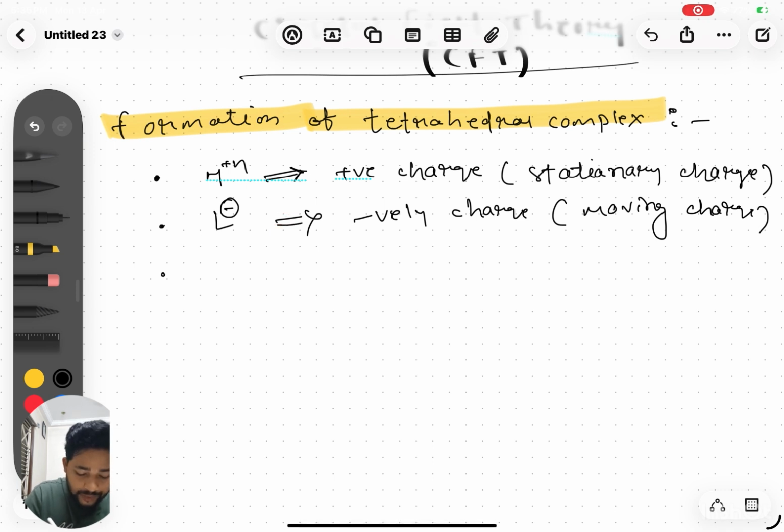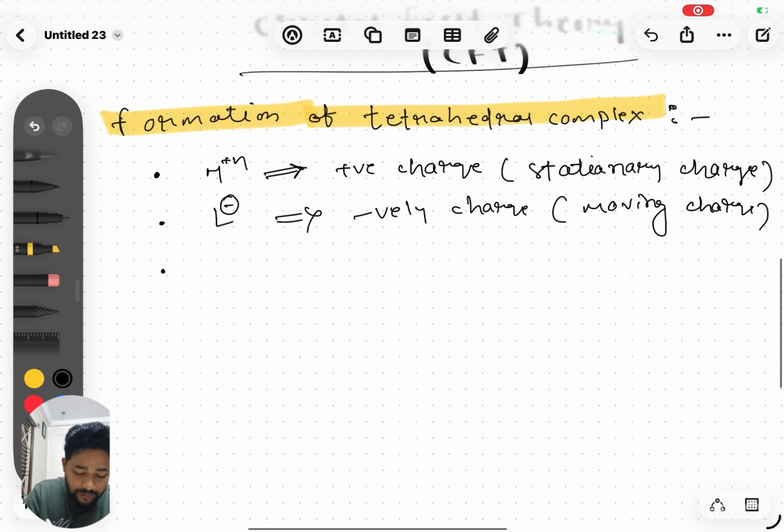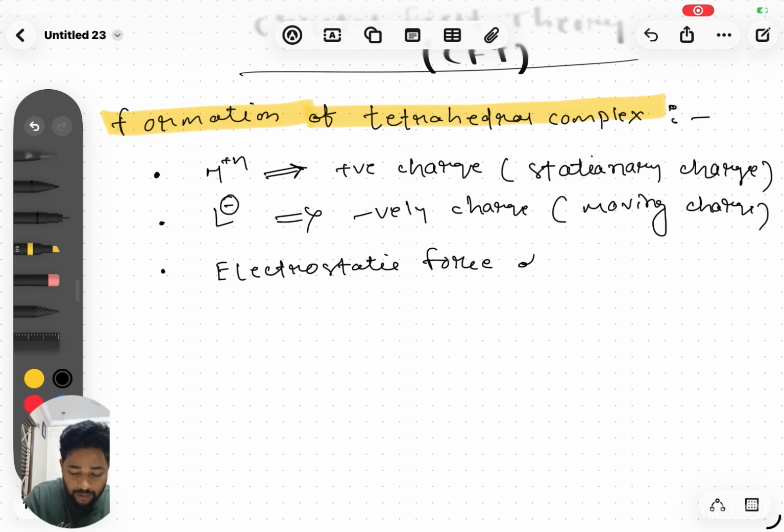So between the metal and ligand, electrostatic force of attraction works.